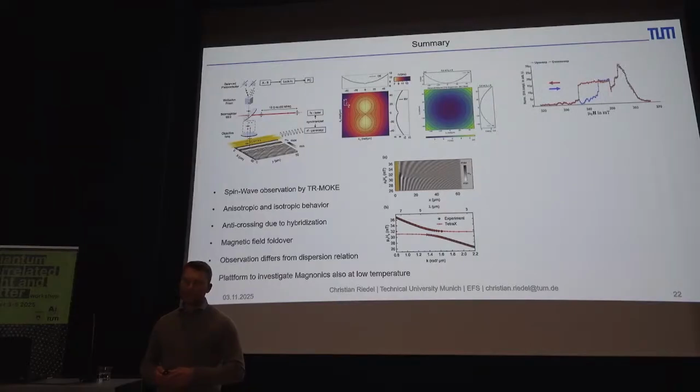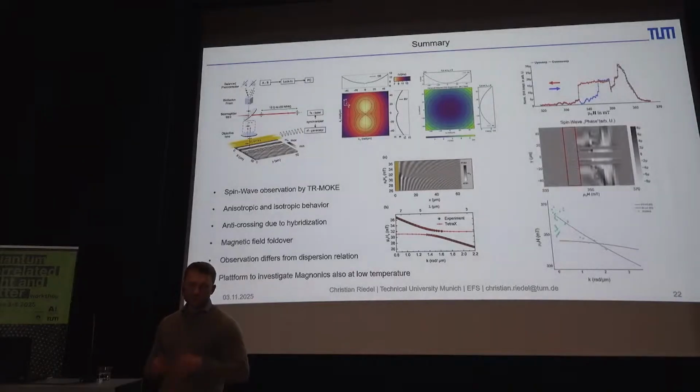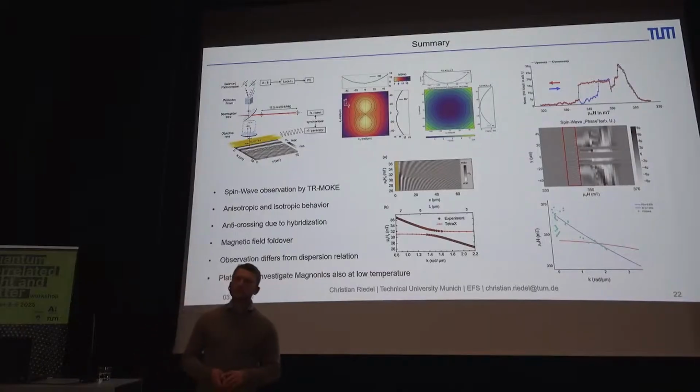We have shown you a foldover behavior for the nonlinear behavior of the spin waves, and also that we can indeed excite propagating spin waves fitting to the dispersion relation, but also an area which is quite chaotic, which we have to look further into. So this TR-MOKE technique is also a platform to investigate magnons at low temperatures, even though I haven't shown you the low temperature behavior here, but we are also doing this in our labs. Thank you.